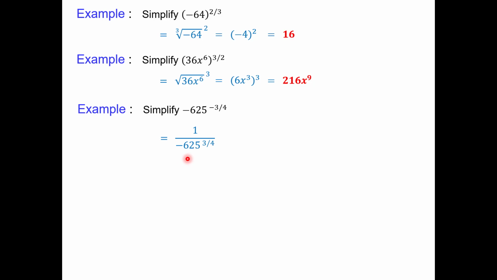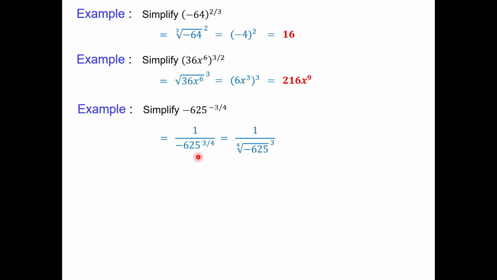So we have negative 625 to the negative 3/4 power. Okay, so what's incorrect is that I actually brought the minus sign with the 625. There was no parentheses holding it there, and so this exponent was not addressing the negative sign, so we're actually going to rewrite this in just a moment.